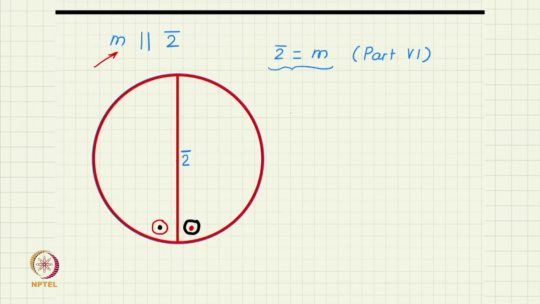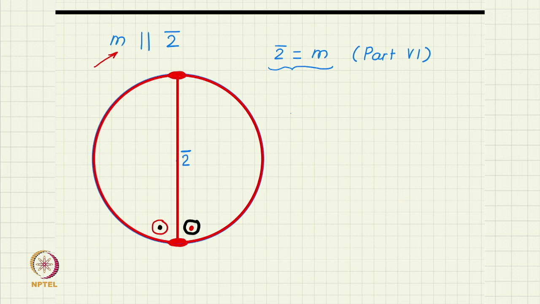Now, these 4 points complete the group, but you can see here that we now have two mirror planes perpendicular to each other, because there is a horizontal mirror plane and a vertical mirror plane. Whenever two perpendicular mirror planes intersect, we have seen they give you a two-fold axis in the line of intersection.